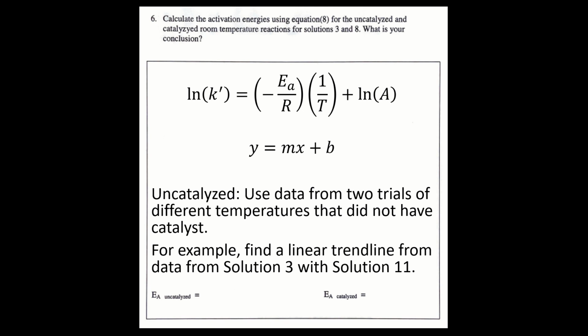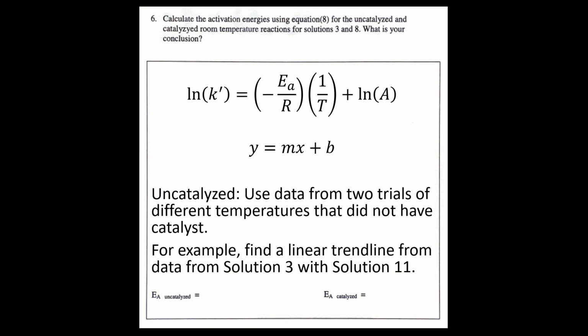Most of our solutions were at room temperature. The room temperature solution we're told to use specifically is solution 3. And the only cold trial that you did in lab that does not have catalyst would actually be solution 11.